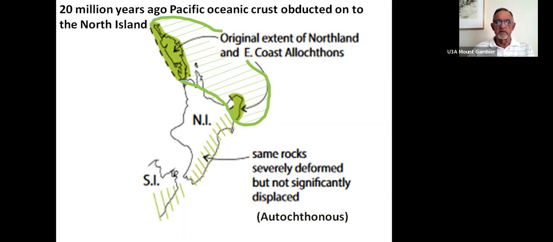But elsewhere, there's severe deformation in the North Island of New Zealand, deformed, but it's still in place. So that would be a result of extreme pressures resulting from the subduction or near abduction of the slabs 20 million years ago.